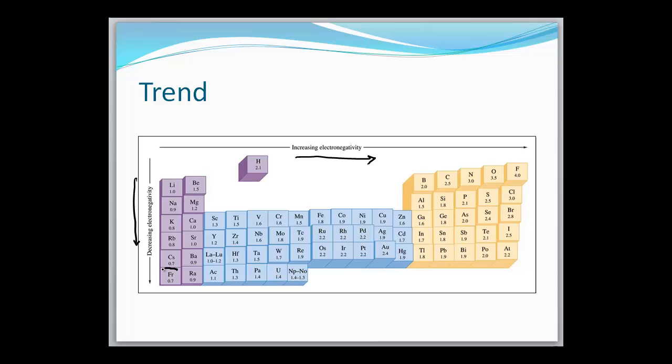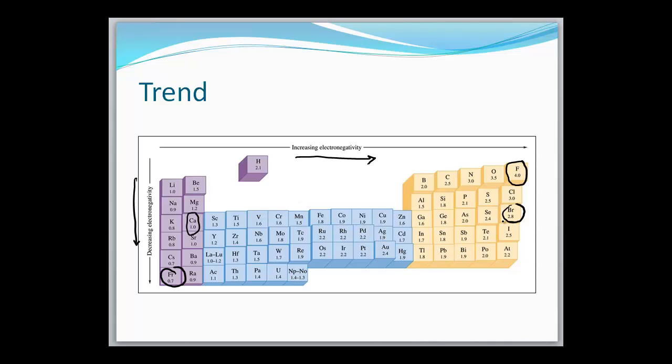So the one with the smallest electronegativity will be francium. The one with the highest electronegativity will be fluorine. And you should be able to tell me what the relative differences in electronegativity are. If I ask you what has a higher electronegativity, calcium or bromine, just because of their placement on the periodic table, you should know that bromine has a higher electronegativity.